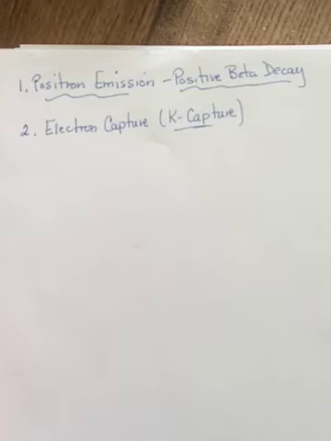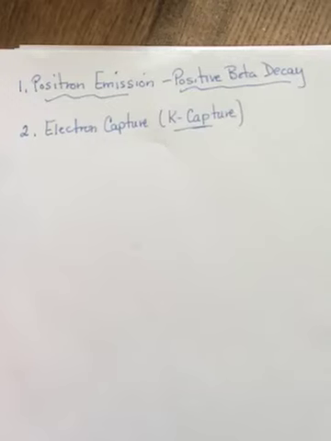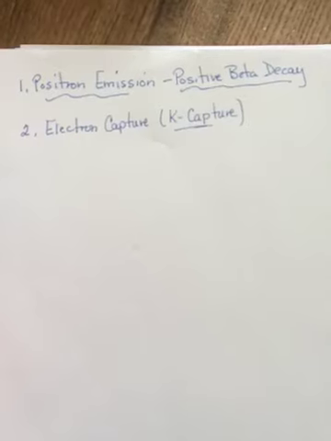Because if you remember when we were doing the models of the atom and we were in quantum, they were saying let n equals 1 shell be called K, and n equals 2 be called L, and n equals 3 be called M. And I said the only time I've ever seen the letters being used for that n shell, the n number, is in this exact spot. K capture, or electron capture, means that it's pulling an electron from the n equals 1 level.